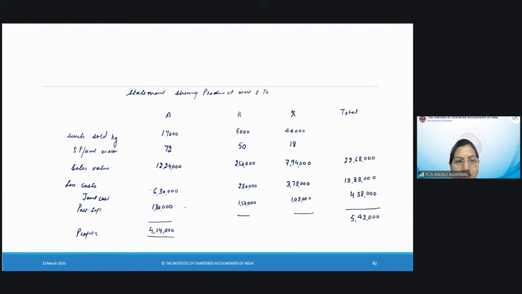For B, it is, okay, wait a minute. Joint cost will not be taken and post separation, one minute. We will not use these costs, sorry.